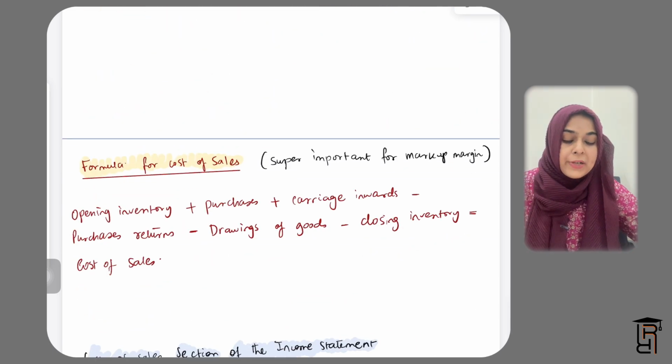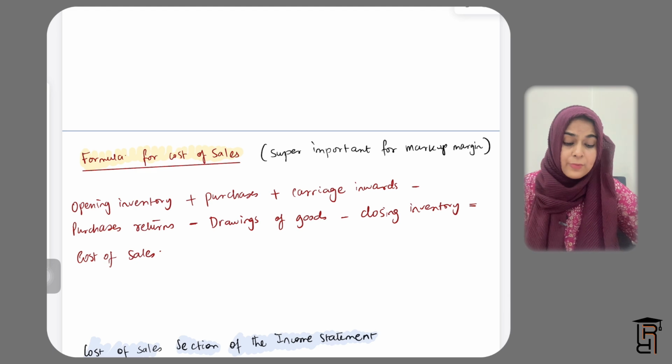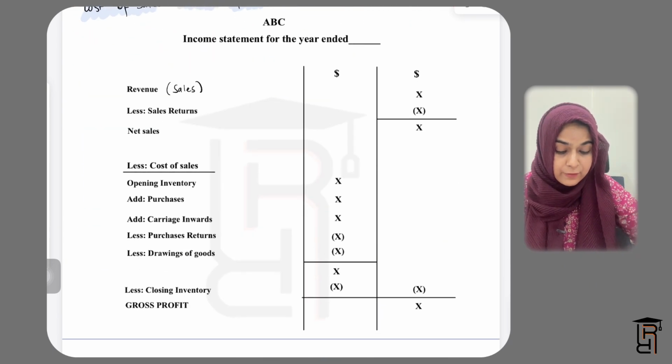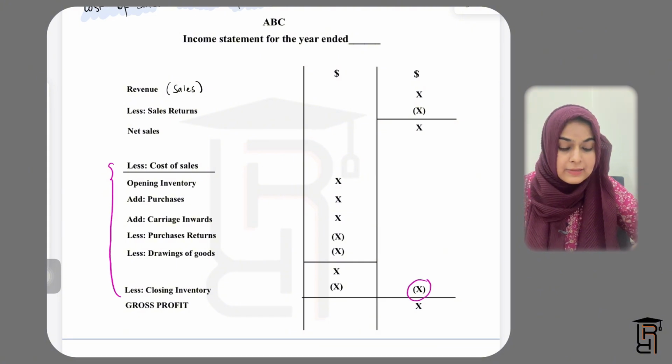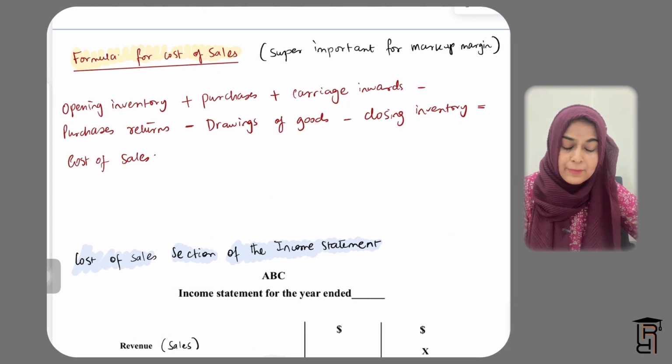So the next formula here, which is very, very important for you guys, for markup and margin especially, is the cost of sales formula. The cost of sales formula is also the cost of sales section of the income statement. So the formula here is opening inventory plus purchases.